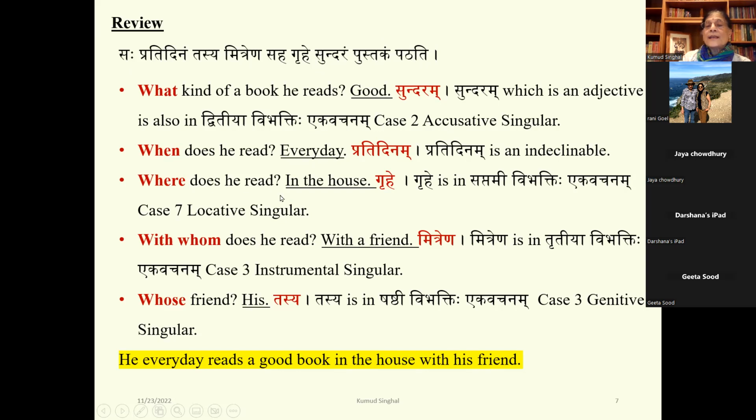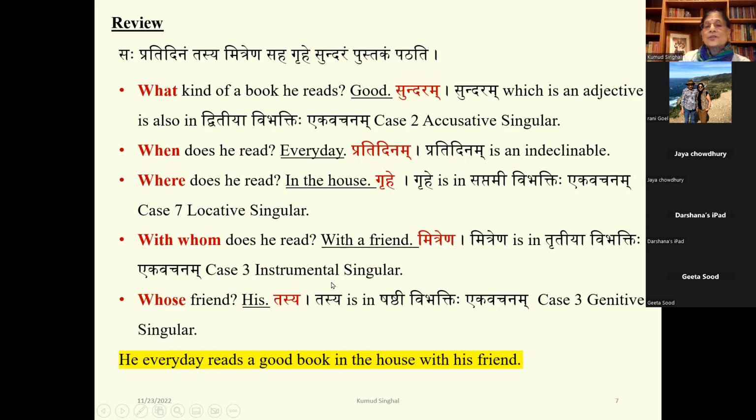Where does he read? In the house. Grahe. So grahe is in saptami vibhaktihi ekavachanam. Case 7 locative singular. With whom does he read? With a friend. Mitrena. So mitrena is in tritiya vibhaktihi ekavachanam.